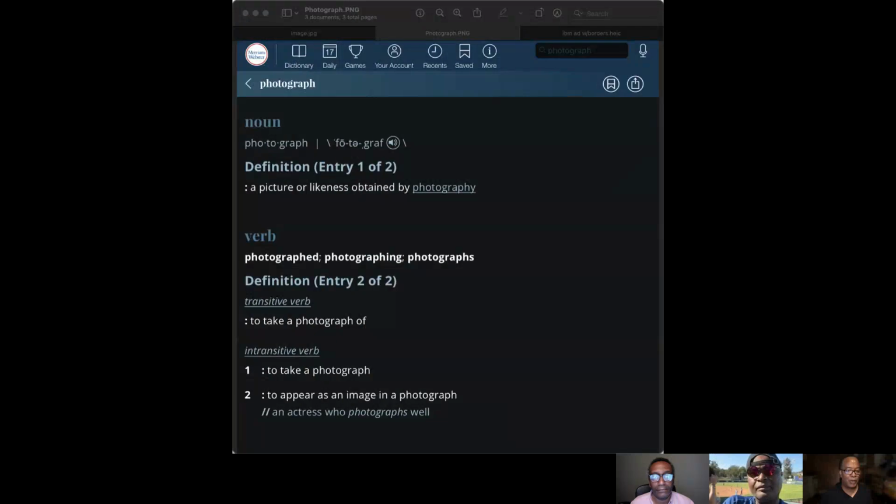So what I want to do is start off by showing just the three definitions as determined by Webster. In Webster, the description of a photograph is a picture or likeness obtained by photography. It's relatively simple, so it's not too difficult to understand that, right?